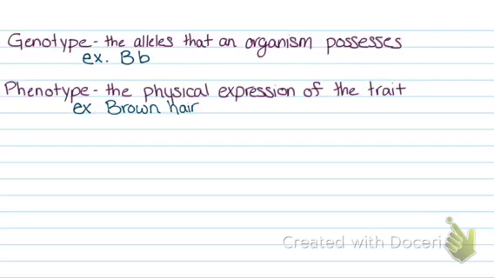For the genotype, they could either have a capital B and another capital B, which would mean they would be homozygous for brown hair, or they could have a capital B and a little b, which means they are heterozygous. Both organisms would still have brown hair because brown is dominant.